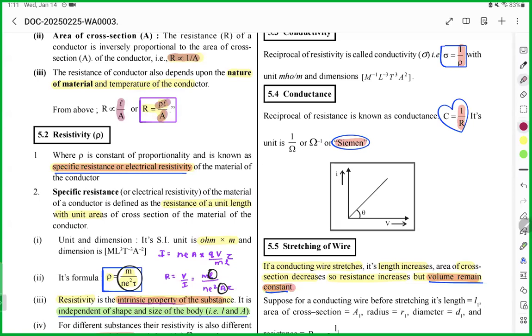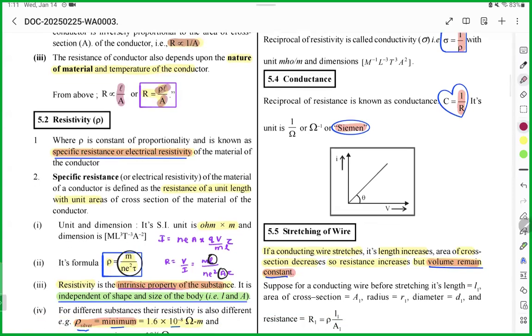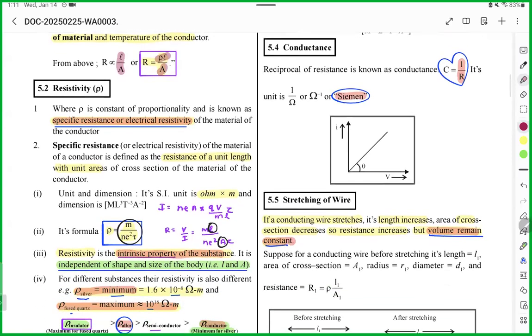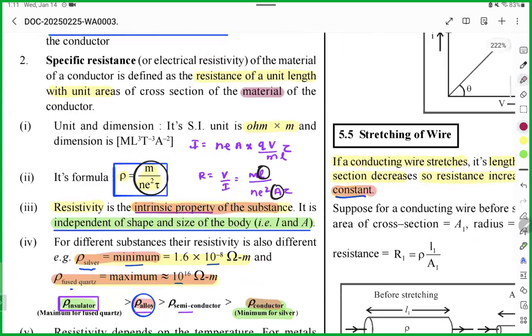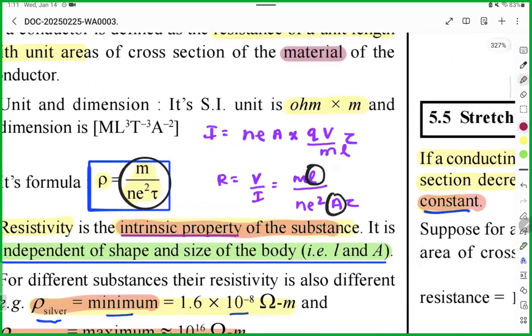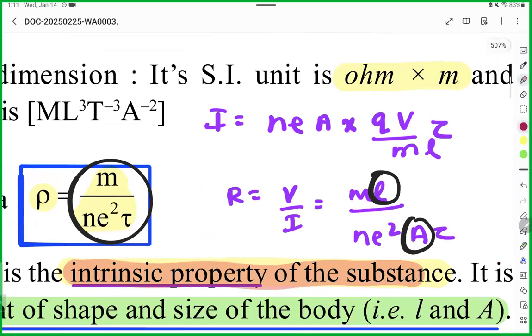Resistivity is also known as specific resistance. This is related more with the nature of material. It depends mostly upon the nature of material. See, what I did in this situation, I wanted to calculate R. How will I do it? I wrote the same formula, I is equal to n e A v_d.